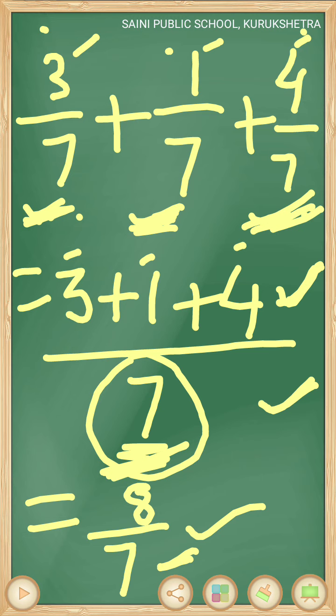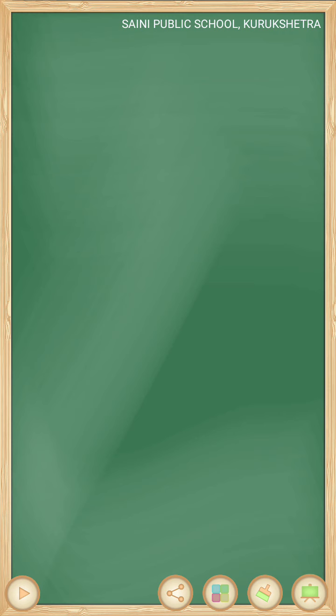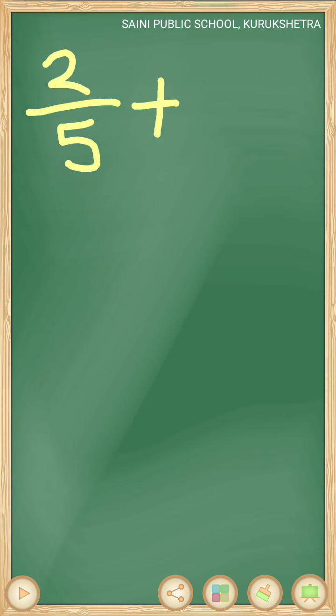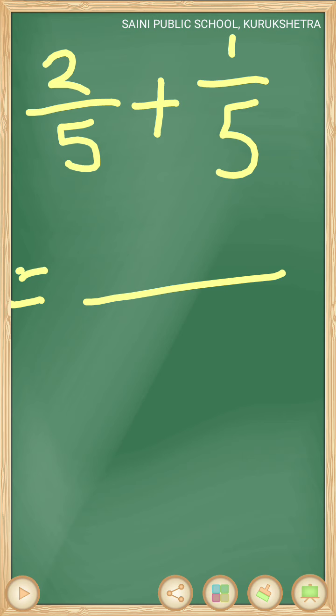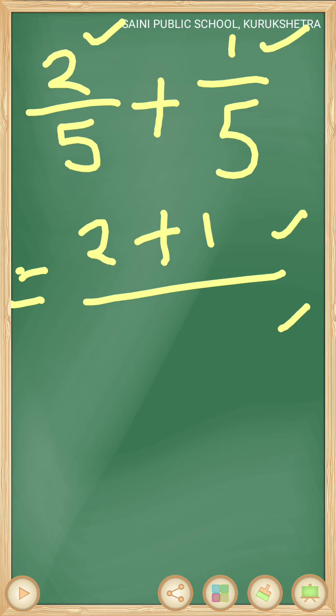Okay. Now I am taking another example. For example, I am writing 2 by 5 plus 1 by 5. First of all I am adding only two fractions so that it is easier for you. Now you can see. Again, I want to write a fraction, so there will be two numbers, one in the numerator and one in the denominator. In the numerator, what will we do? We will add the given numerators, 2 plus 1.